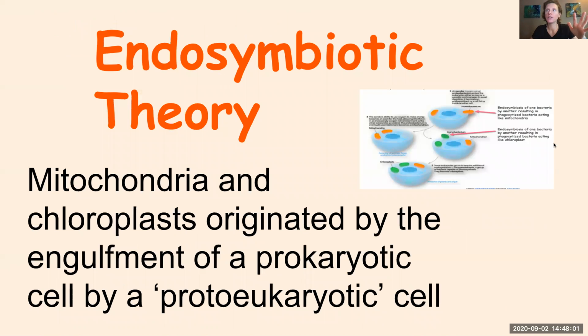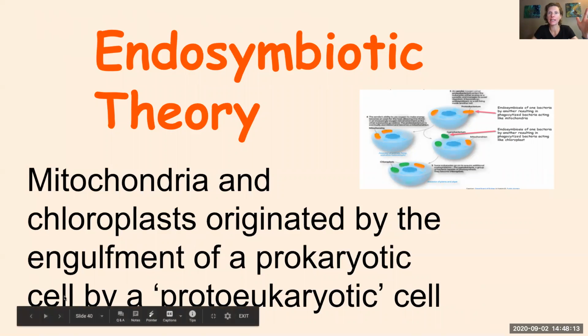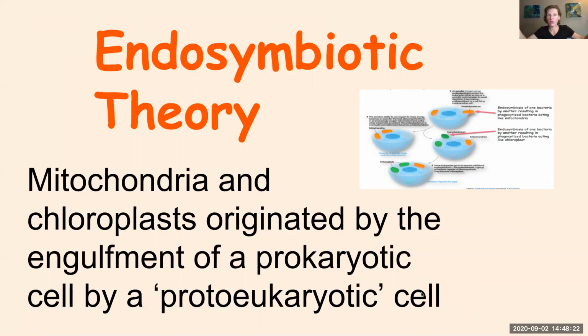Okay, endosymbiotic theory. That's just where the mitochondria and the chloroplasts originated. How they arose was that you had engulfment of a prokaryotic cell by a larger proto-eukaryotic cell. So originally everything was a single cell, everything was a prokaryote, and then over time eukaryotes evolved.